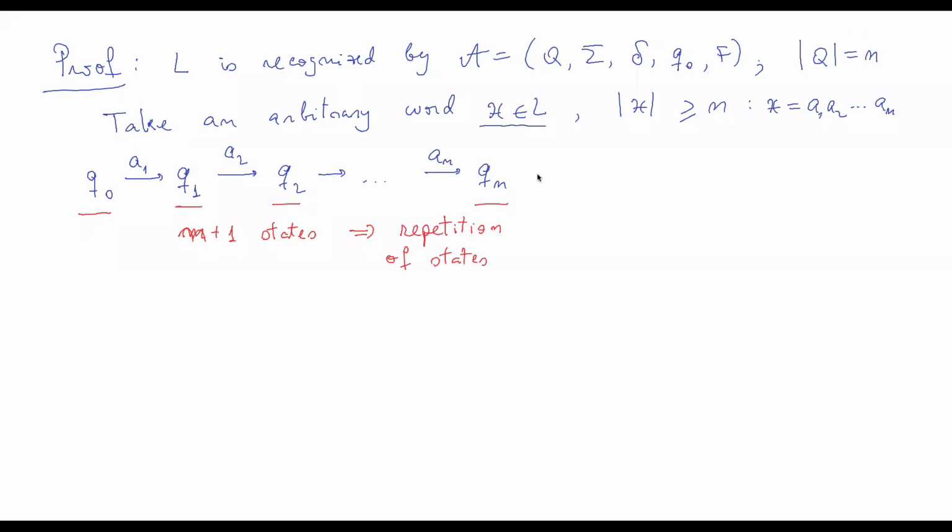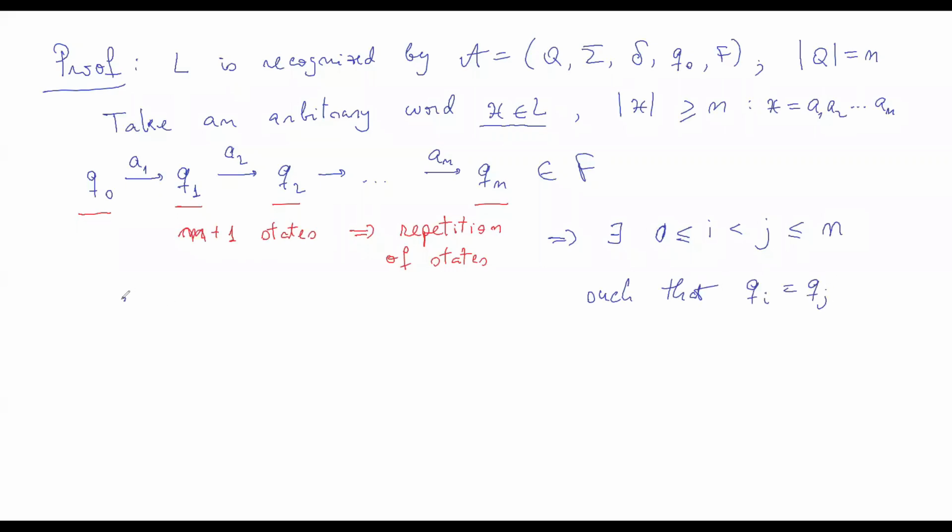And remember, this is a successful computation, so it leads you to a state in F. So the moment you realize you have a repetition of states, what this means is that you will have I and J, I smaller than J smaller than N, such that Qi equals Qj.